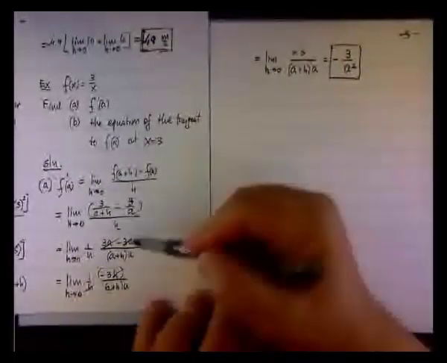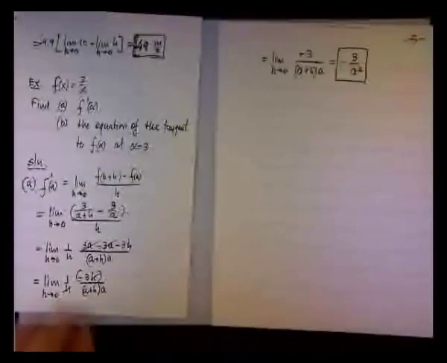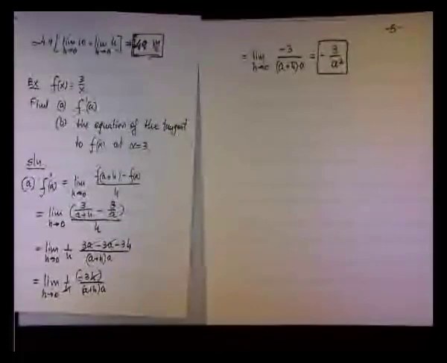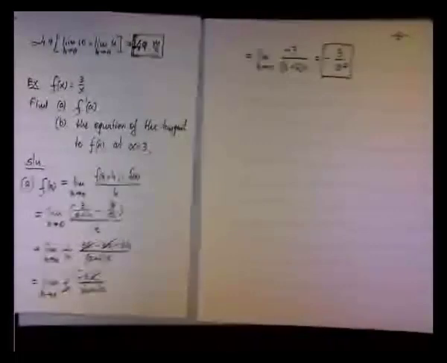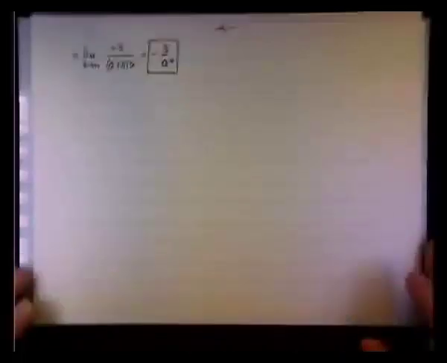Okay? And this leads to the cancellation of 3a on top and leaves us with only negative 3h in the numerator. And of course, h divided by h is 1. So we can reduce. And what's left at the end of the day is negative 3 divided by the quantity a plus h times a.